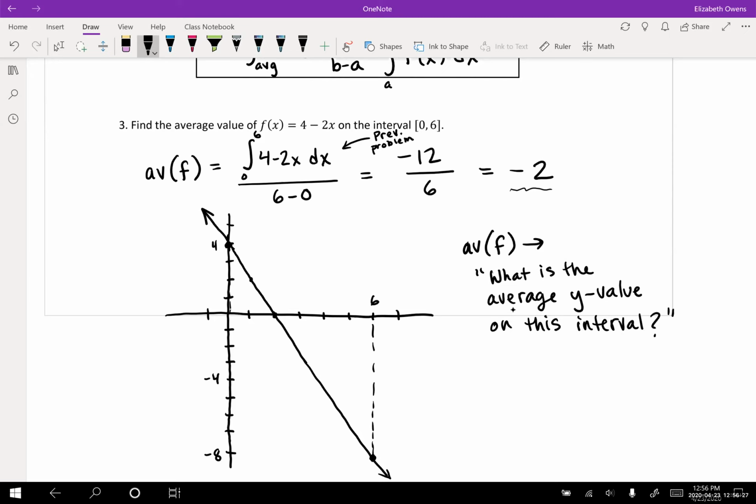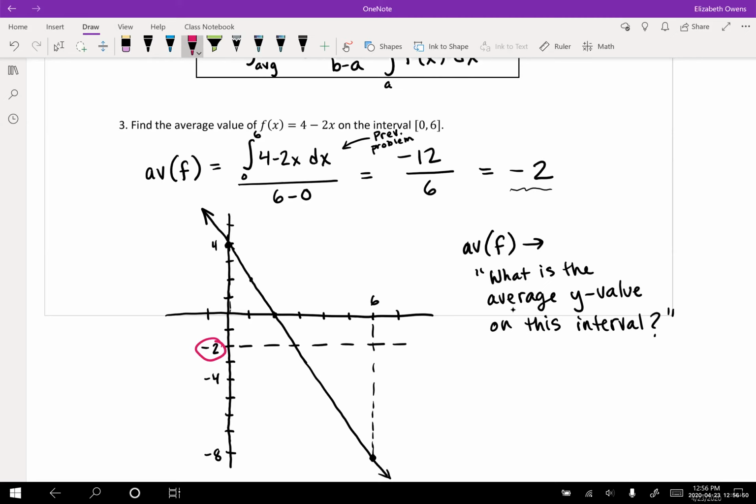Okay, that's literally what it's asking for. So when we find that the average value of f is negative 2, okay, it's saying that this is the average y value on that part of the function.